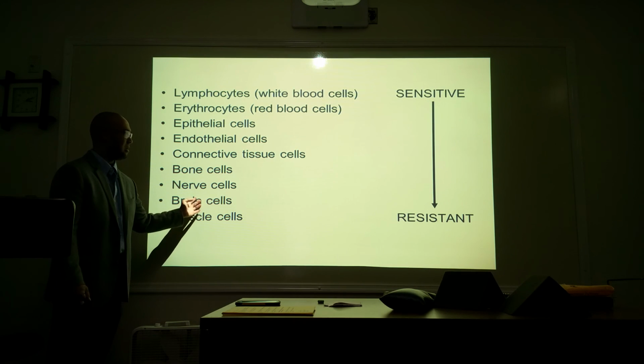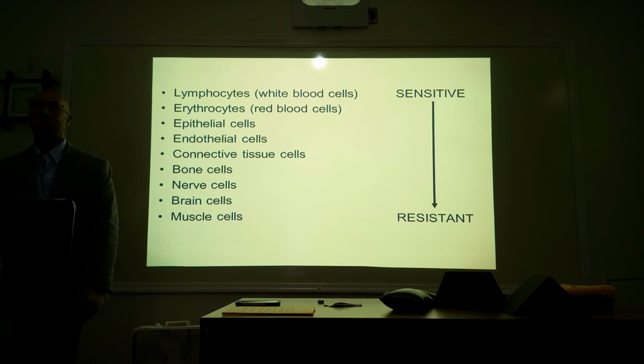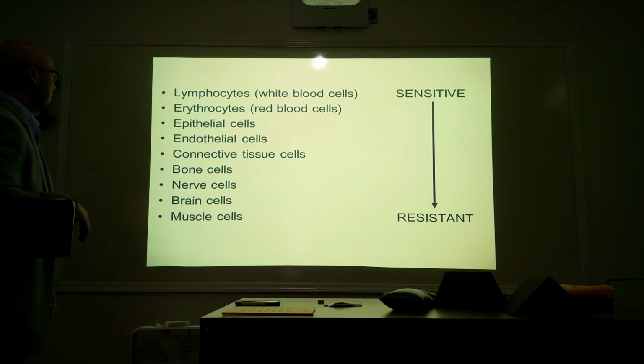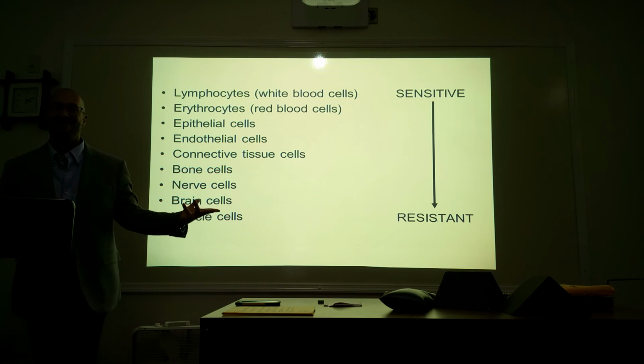People don't understand that. I'm neither against it or for it. I'm just kind of throwing facts out there. So when you kill the nerve cells or brain cells, they don't come back. Once they're done, they're done. And that's why they're the most radio-resistant, because they don't replicate.